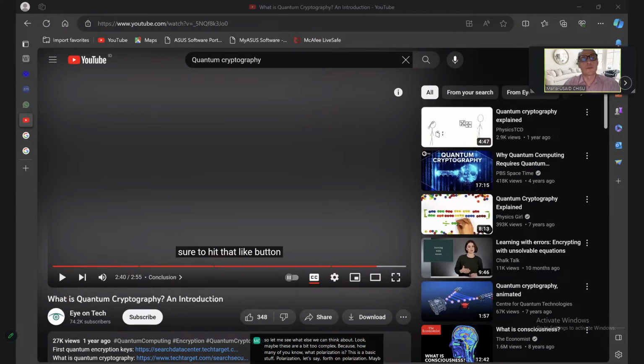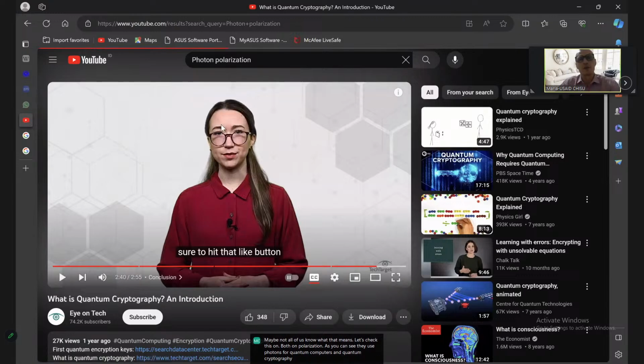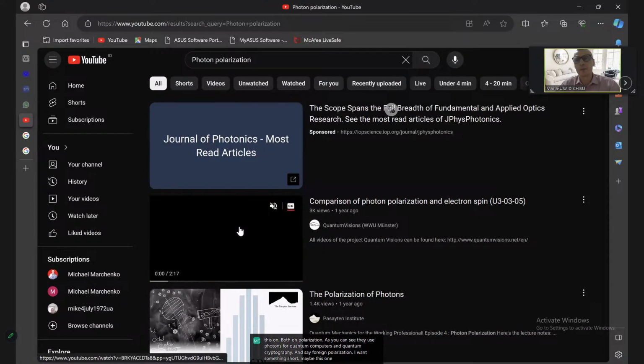Maybe not all of us know what that means. Let's check this out. Photon polarization. As you can see, they use photons for quantum computers and quantum cryptography. Let's say photon polarization. I want something short, maybe this one.